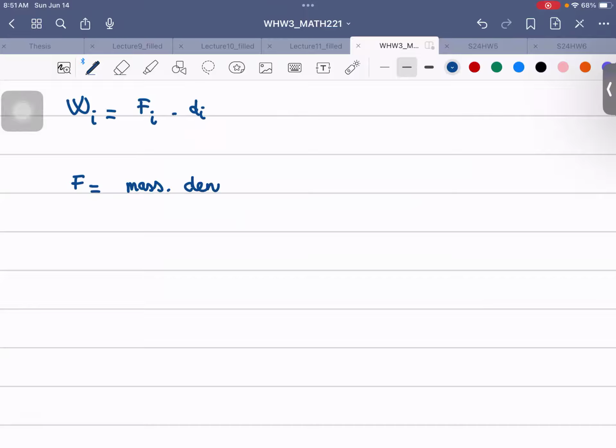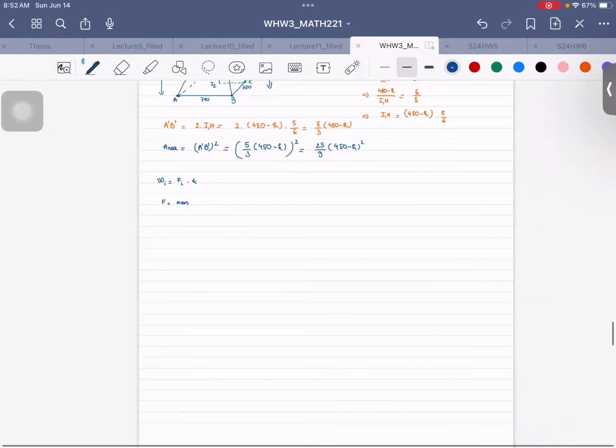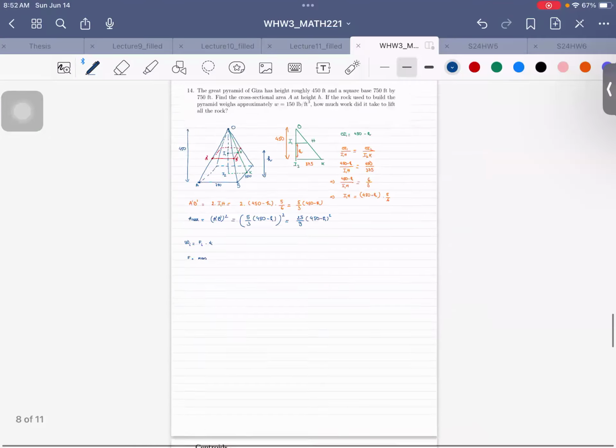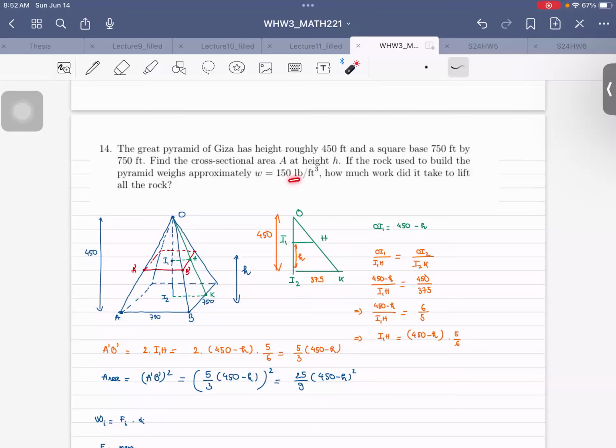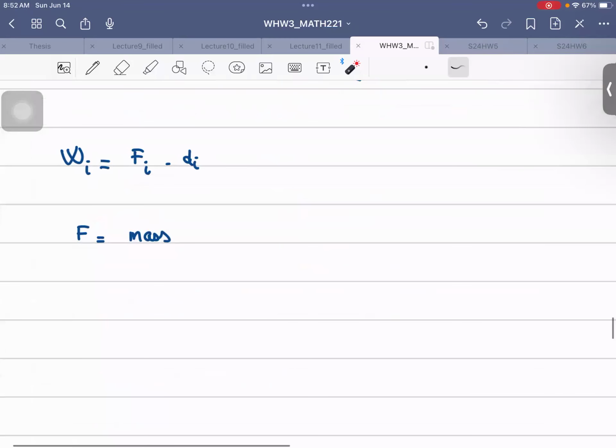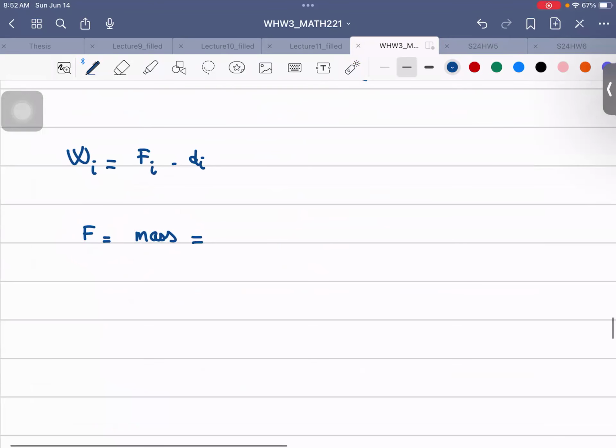Over here you are working with the unit pound, so the force is just the mass. And how can you find the mass? The mass is the volume multiplied by the density constant.